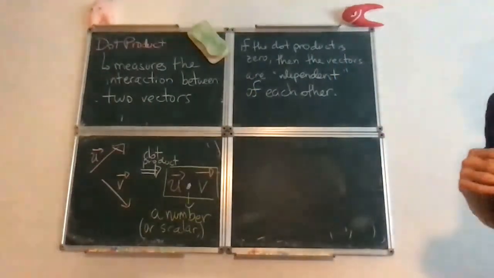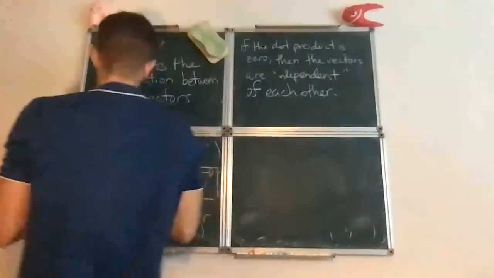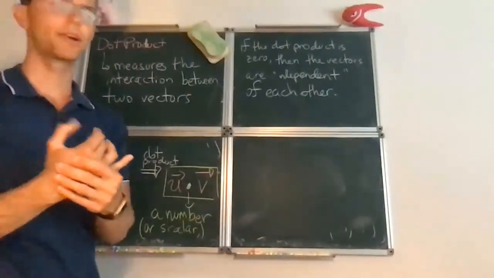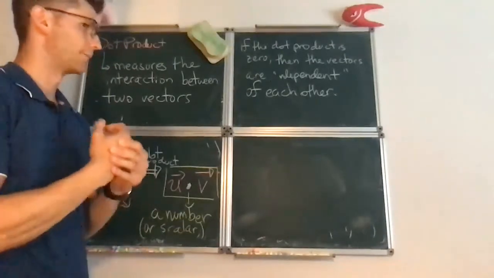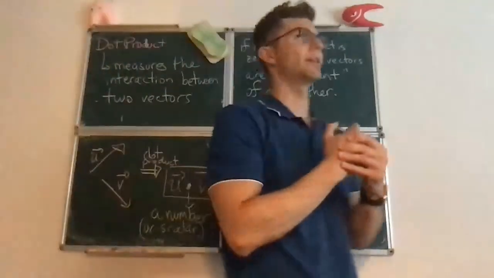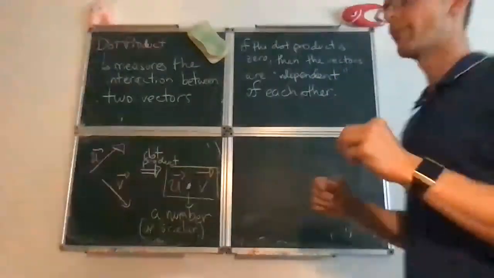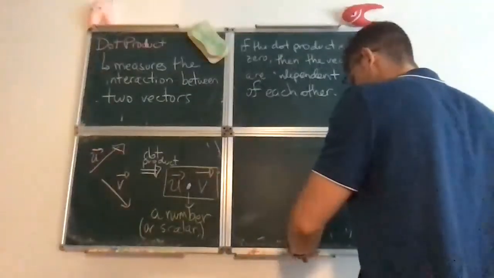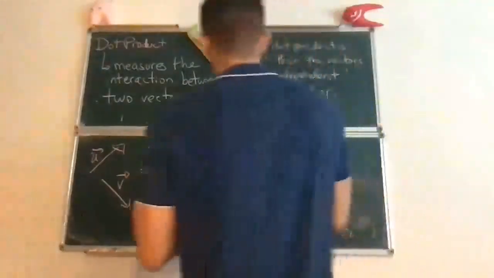Okay, and so in order to tell you more precisely what the dot product is, let me just say a bit more about what the norm or magnitude of a vector is supposed to be. So let's talk about that for a second.